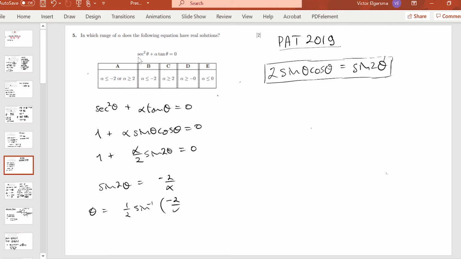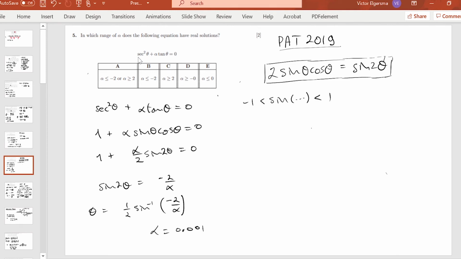Immediately you can see that this is not going to work for all alpha, right? For example, if we choose alpha close to 0, say 0.001, you can't take the inverse sine of minus 2000. Why can't you? Well, because the sine function always stays between minus 1 and 1, right?